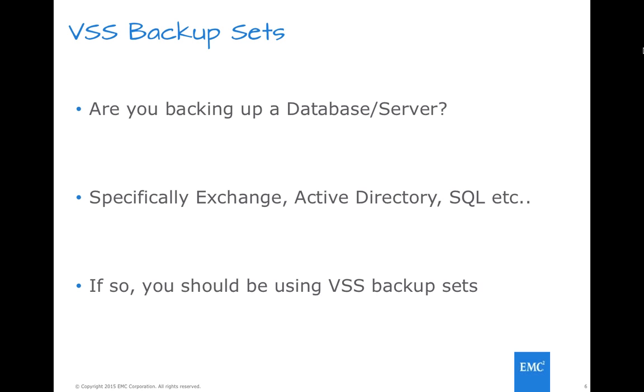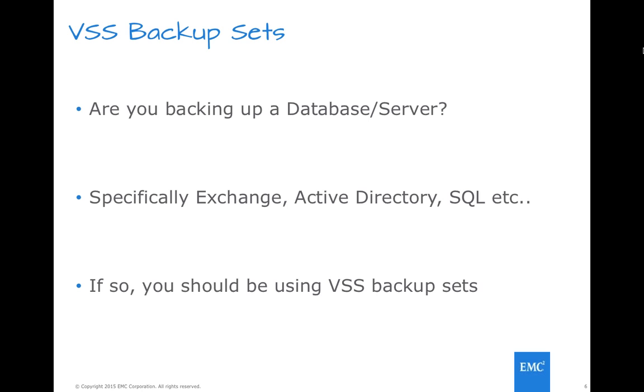So take it to the next step, and apologies if this gets a bit technical, but with VSS backup sets, what you're actually backing up is database files. Let's take Exchange as our example. You can select the VSS backup set for Exchange, or you could select the Exchange folder in the File System tab.